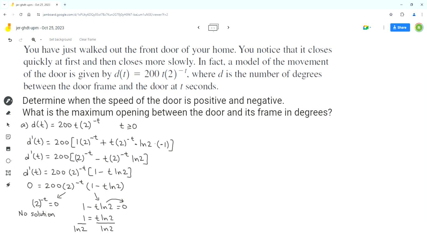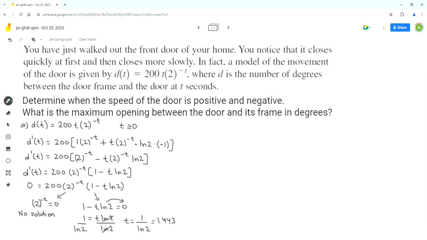So the ln 2's on the right side get cancelled out. So we get t equals 1 over ln 2, and 1 over ln 2 can be evaluated as 1.443. So this is a critical number for this function.